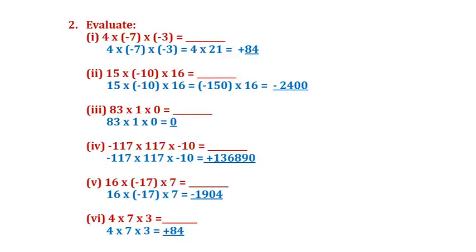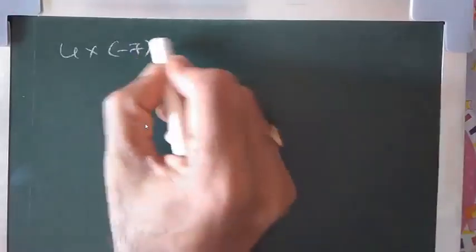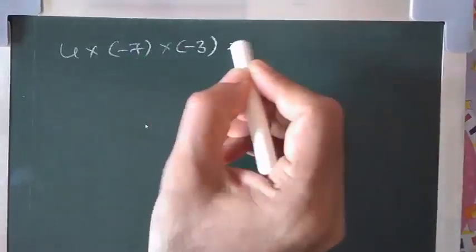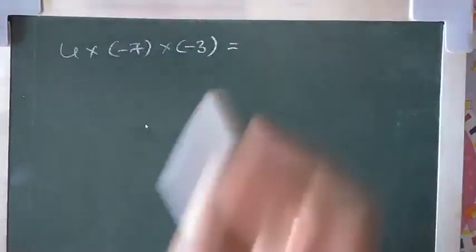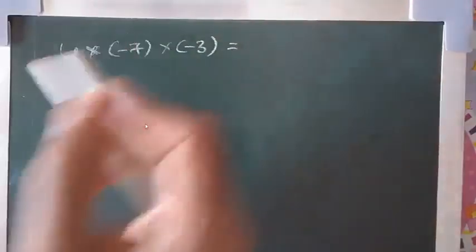So I will do this here. 4 into minus 7 into minus 3. So here evaluate means you have to do the multiplication, because the sign in between is into.